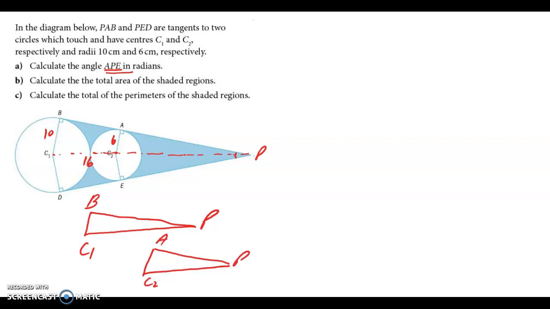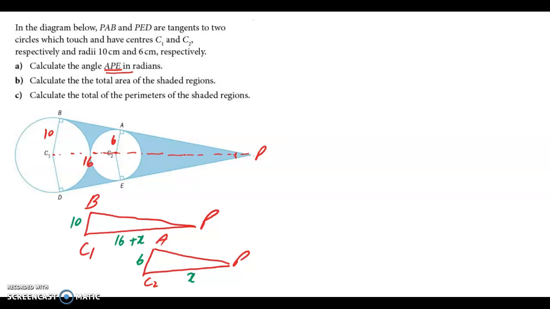For this one, since you know this is 10, this is 6, we don't know this side from C2 to P, so let's assume this as x, and here C1 to P will become 16 plus x.